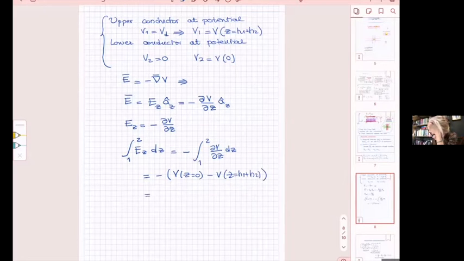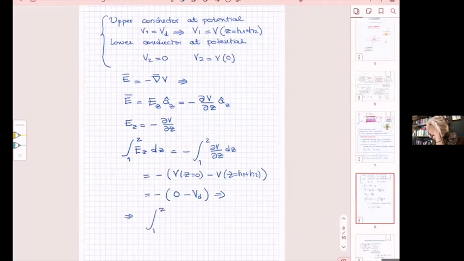Okay, how much is V at 0? 0. How much is V according to this here? V at H1 plus H2 is V sub D. All right, so here we have that this integral is equal to V_D.